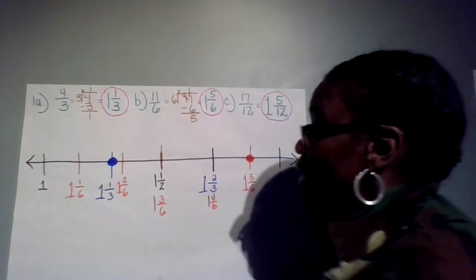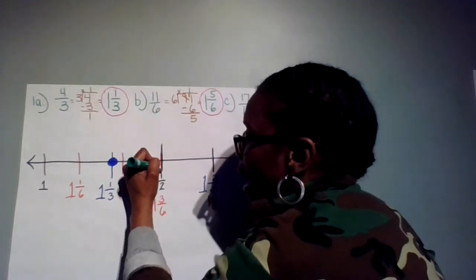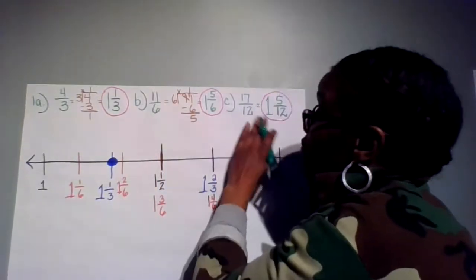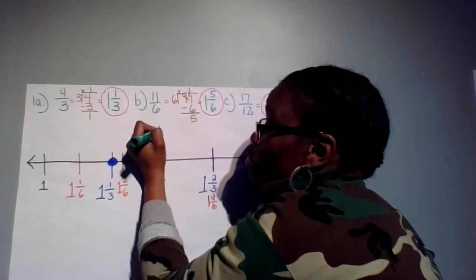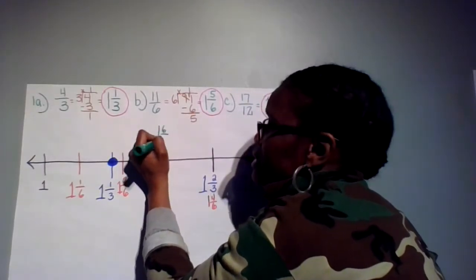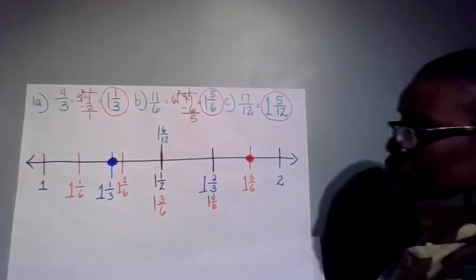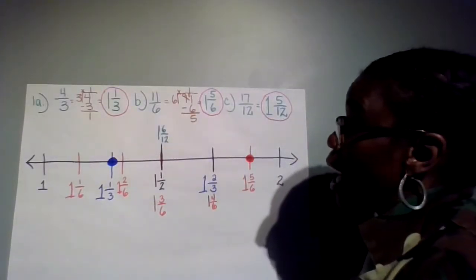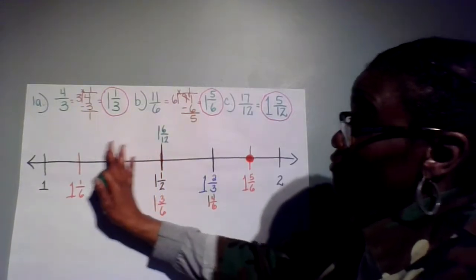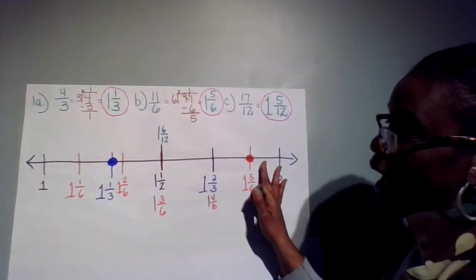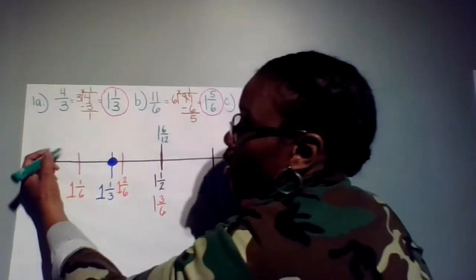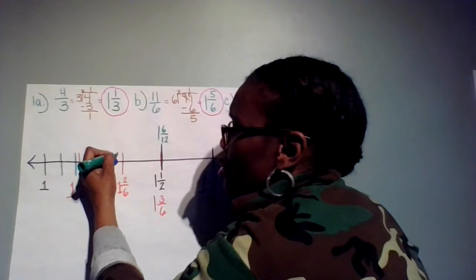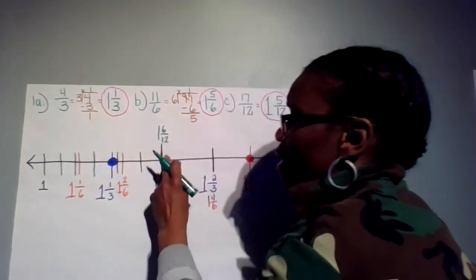So right here at my halfway point, and I'm going to put my 12s up top, this would be 1 and 6/12. So now I'm going to need 5 on this side and 5 on that side. So here we go. I'm going to have 1, 2, 3, 4, 5, and here's 6.